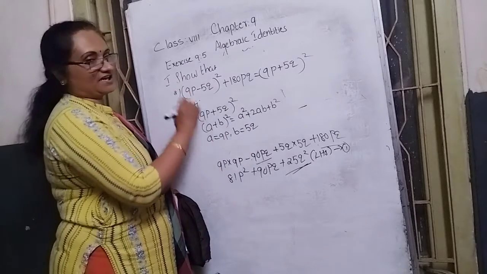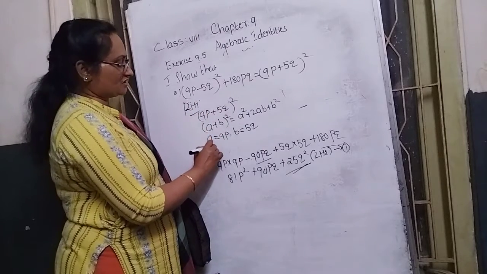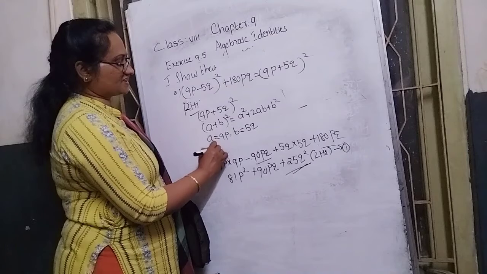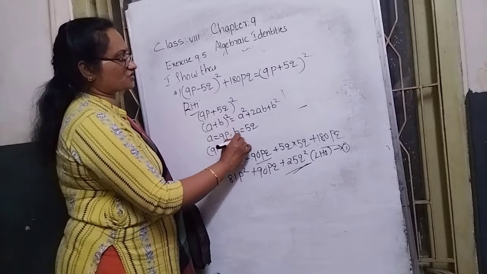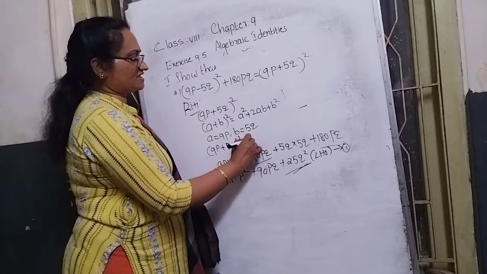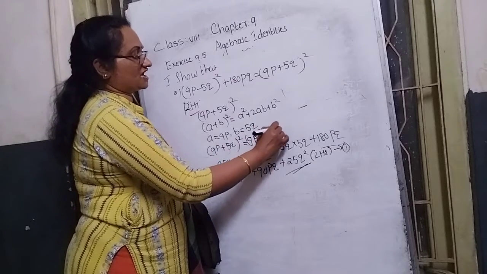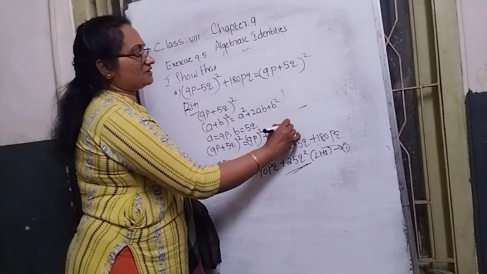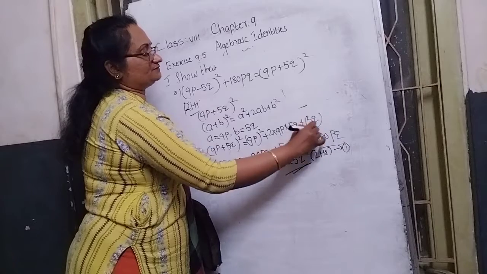Then where a is placed, 9p, where b is placed, 5q. Left side part a, that is 9p, plus b, placed 5q, bracket closed, whole square, equal. Again a placed 9p but whole square, plus 2 into a, value 9p, b, 5q, plus b value the whole square.